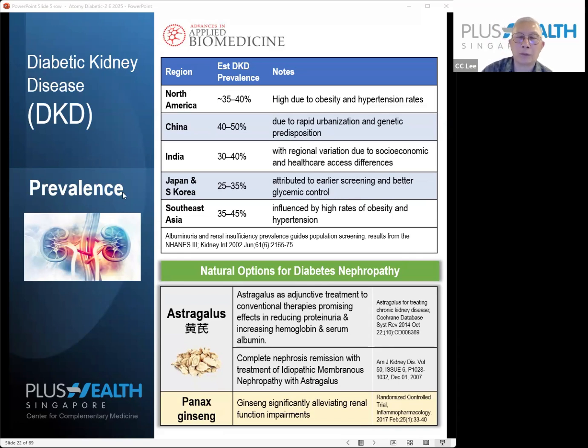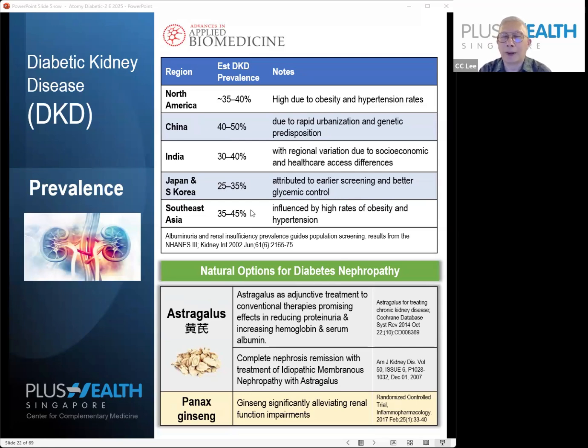So India followed very closely behind. But if you look at Southeast Asia, which is actually not far away from China, Singapore has focused a lot on diabetic management over the years, because this is becoming a very big public health problem, all right?